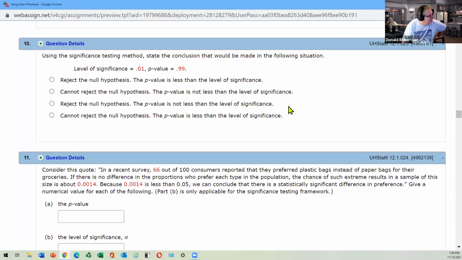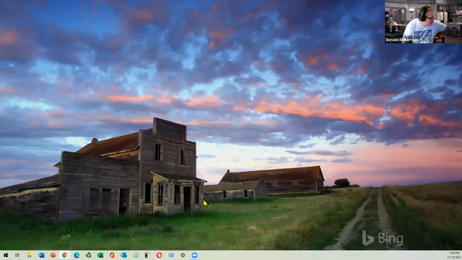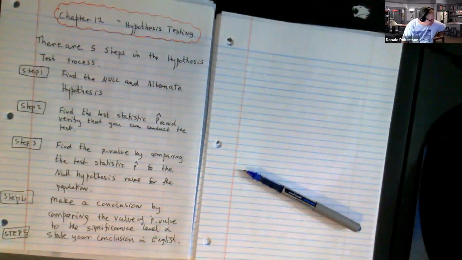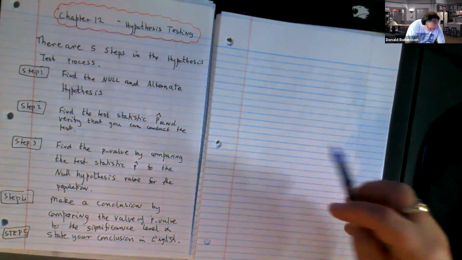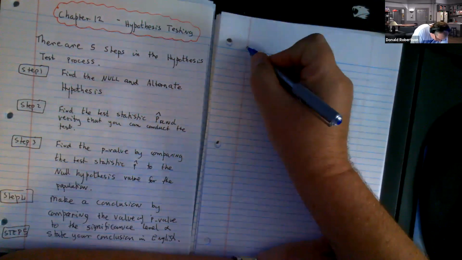This is the same story, so I'm not doing that. And now we are moving on to the next guy. Step 2, find the test statistic and all the good stuff that goes with that. Okay, here we are.